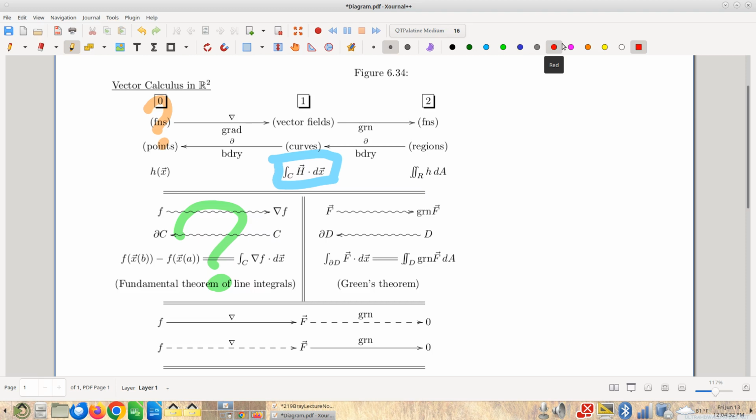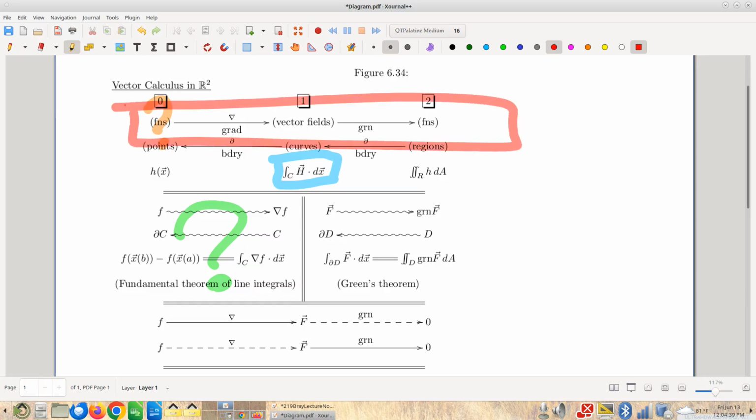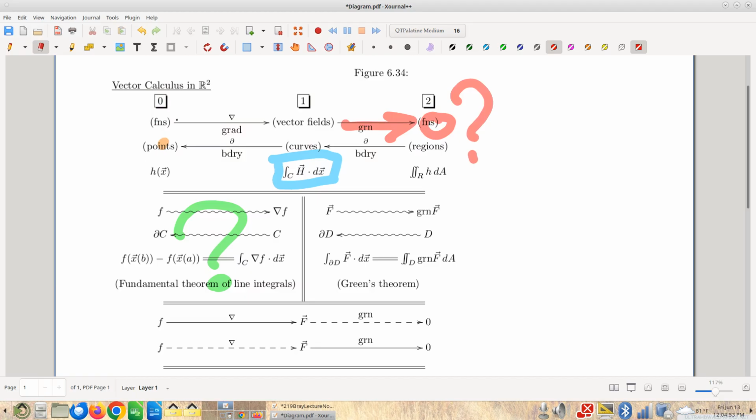Now again, you can memorize theorems, but I think it's easier to just look at the diagram and be like, all right, if I want to know if there is or is not an antigradient, take curl, see if you do or do not get 0. Does that make sense?